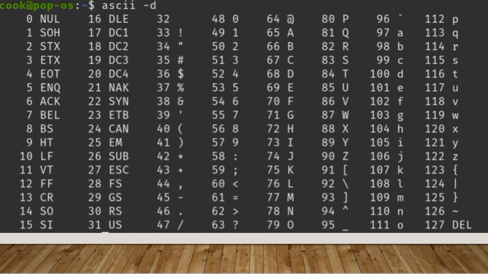For example, capital A is equal to 65 on the ASCII table. Capital letter B is equal to 66. Capital letter C is equal to 67. Keep going that way till you get to Z. For the small letters, small letter a is equal to 97, small letter b is equal to 98, and small letter c is equal to 99. Keep going till you get to z.